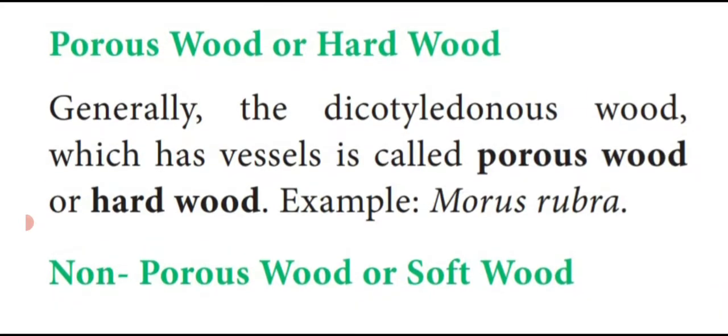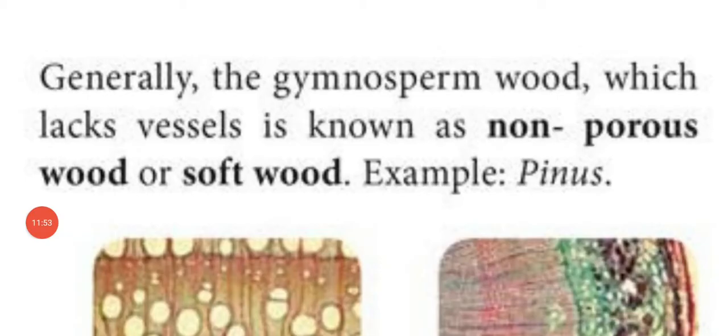3-mark question. See the definition of non-porous wood. So non-porous wood is present in the gymnosperm. Porous wood is present in dicot plants, isn't it? Non-porous wood is present in gymnosperm wood which lacks, underline the word lacks, meaning absence of vessels. It is known as non-porous wood or softwood.